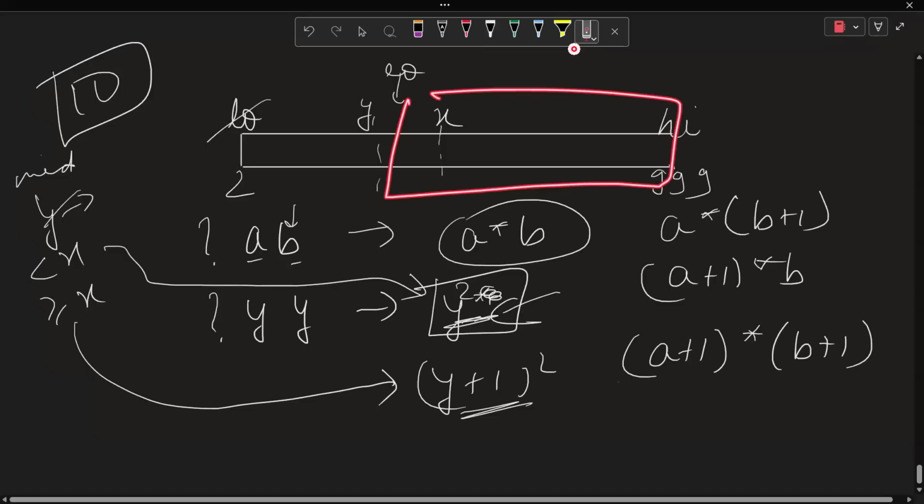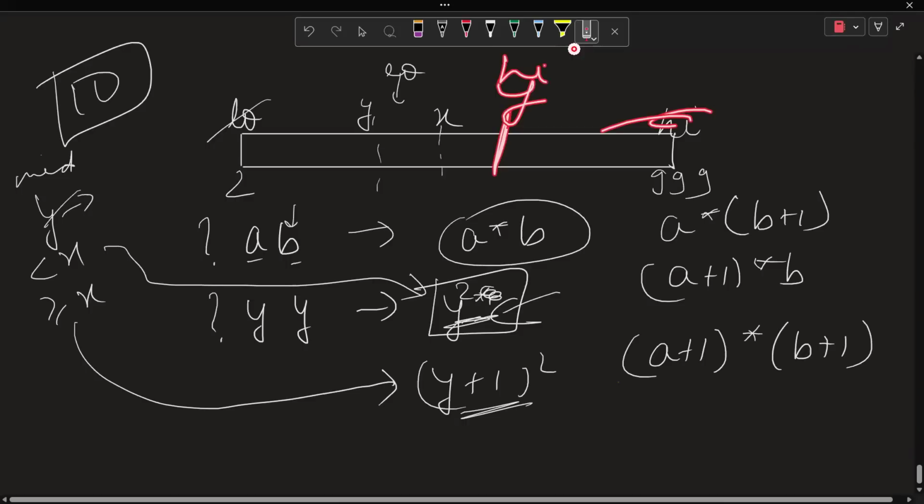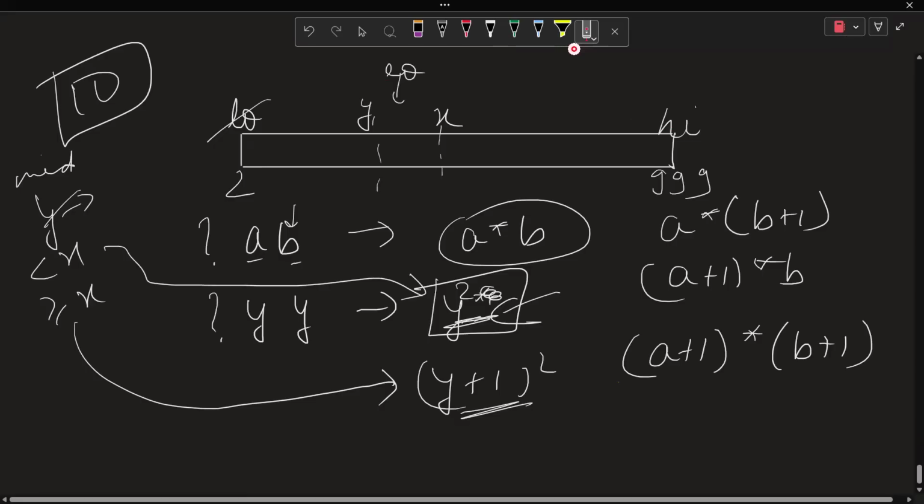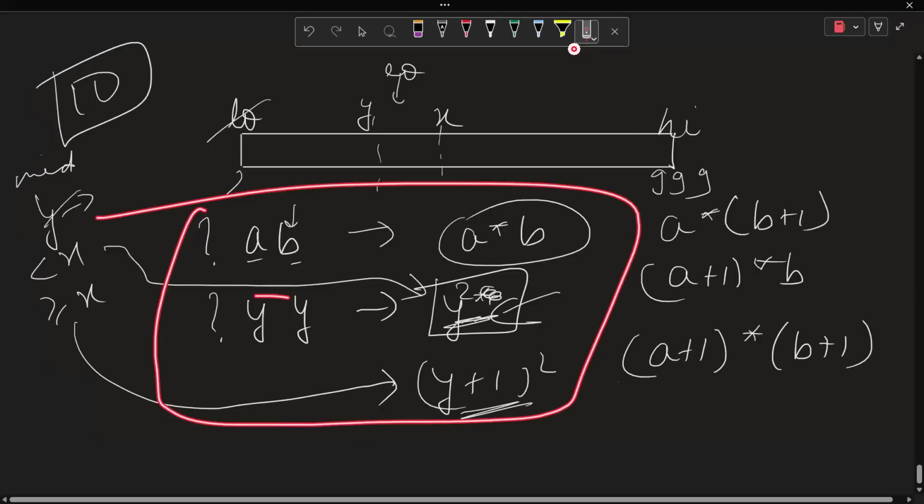We know that X is greater than Y for sure. And if this Y was falling somewhere here, we would transfer our high here and make the range somewhere before Y. We know that X is less than or equal to Y. So through some binary search kind of thing, by checking this, we can start reducing this range and finally reach this X.